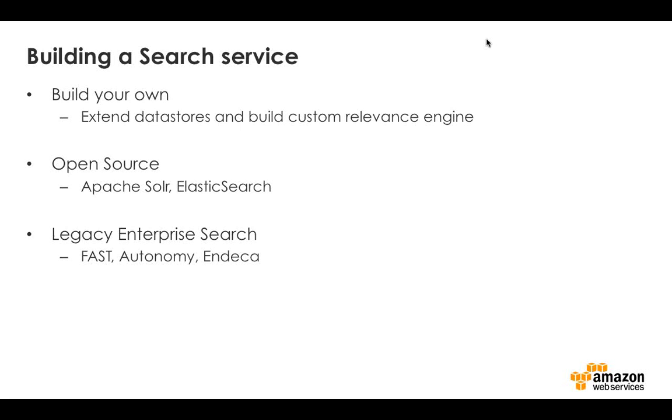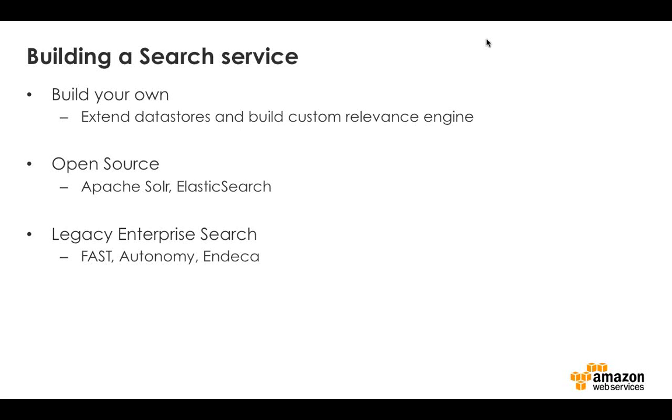You can also build your own custom search engine. This is a fairly difficult proposition, and if the core mission of your application is search, it may be relevant, but it's quite a task to take on. There are open source alternatives as well. Two of the main alternatives are Apache Solr and Elasticsearch.